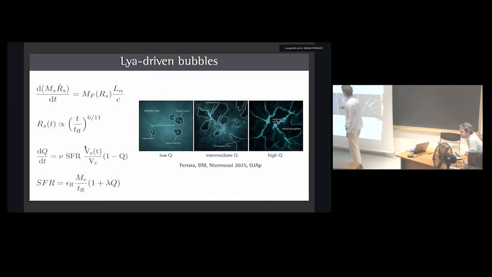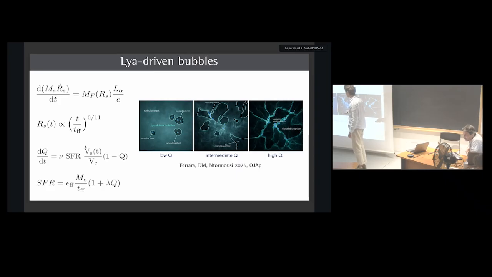So this has an analytical solution, which is a power law, and given the expansion of the bubbles, we can put in an equation for describing the evolution of the global volume filling factor, and relate this to the star formation rate in the cloud.